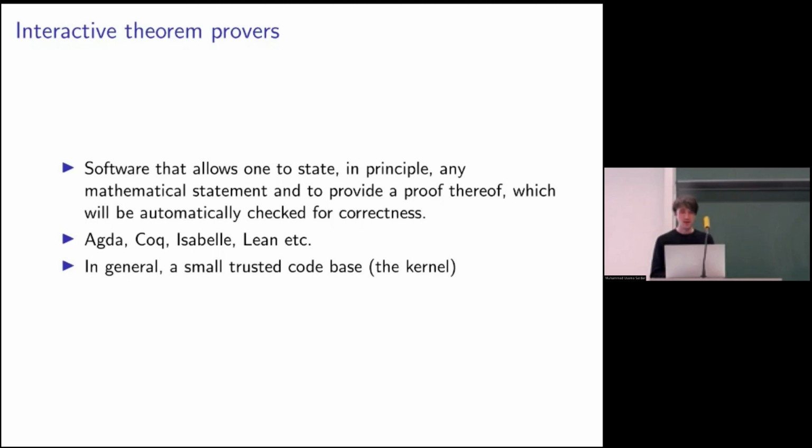And one aspect that is always present with this kind of systems that verify correctness is a question that you can't really escape fully: when the software says that the proof and your statement is correct, is true, why would you trust the system? Because maybe the system is buggy and allows you to prove false things. So the answer in general here is that they isolate the trusted code base.